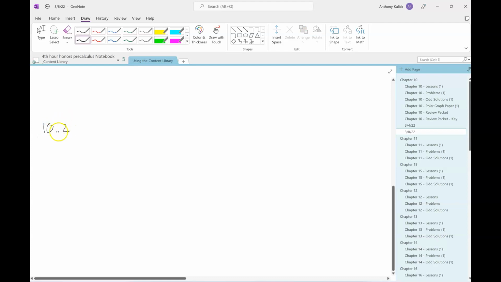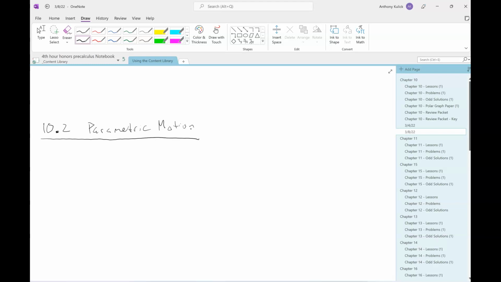The most obvious application is going to be in the realm of physics. If you think about motion in general, say you load a cannonball into a cannon and you shoot it, and you're trying to figure out the position of the cannonball, the position depends on how long it's been in the air.